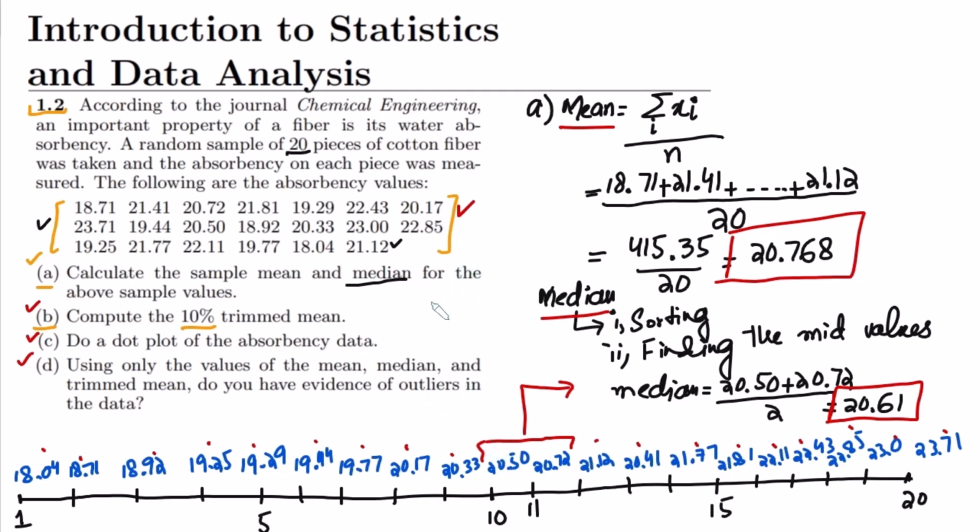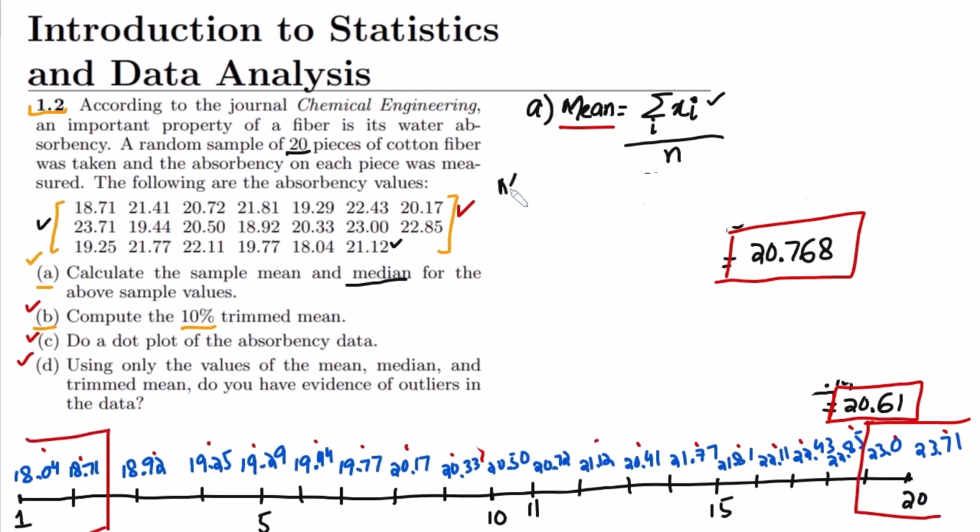Okay, so let me remove the previously calculated mean and median. I will use the name mean_tr for it, and here we have to add all the data points, from 18.92, 19.25, up to 22.85. Okay, so let me add them.